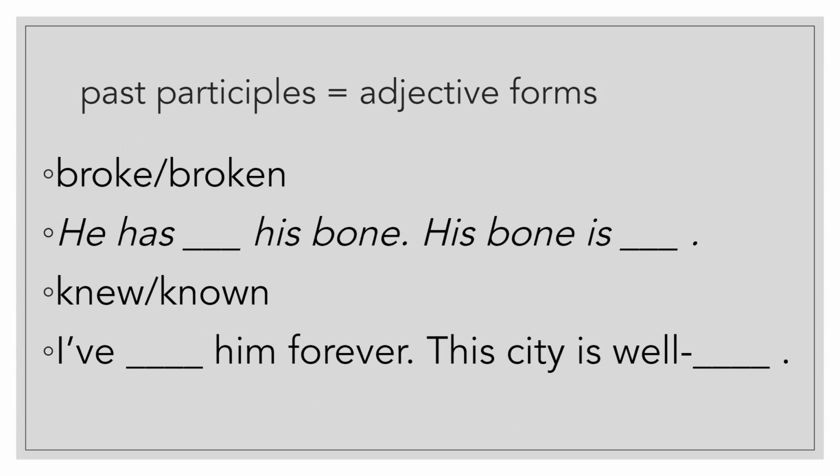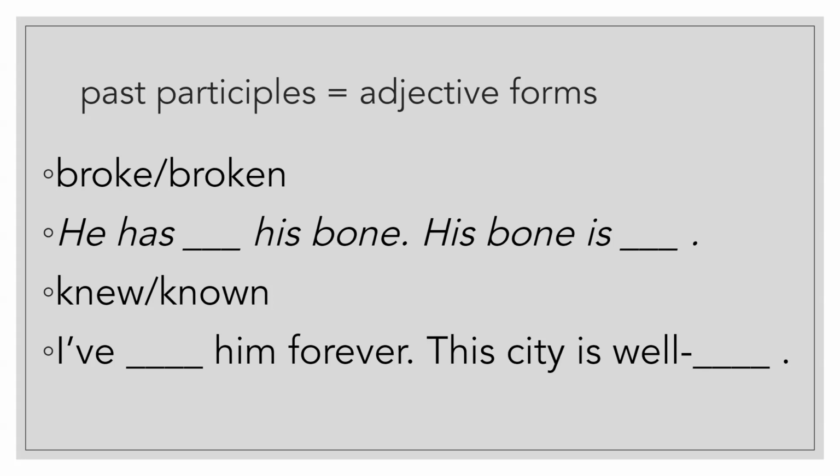And then what is the current state of his bone? His bone is broken. Adjective. So in the first sentence, it's a past participle. It is the present perfect form of the verb. He has broken. In the second sentence, it's an adjective. His bone is broken. Okay?